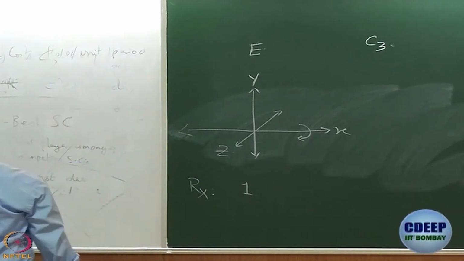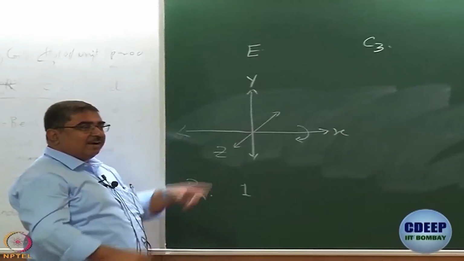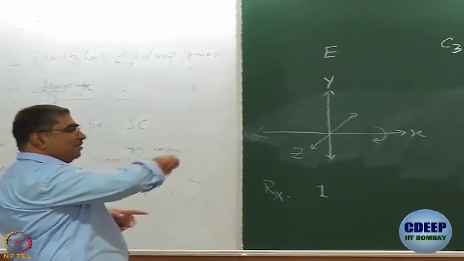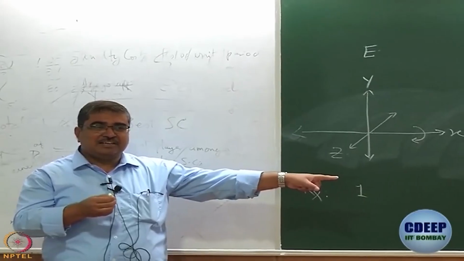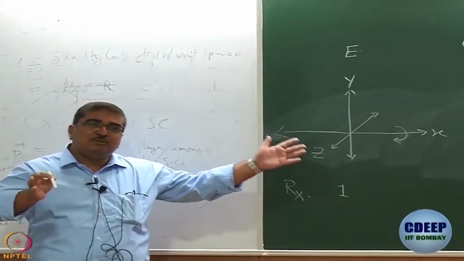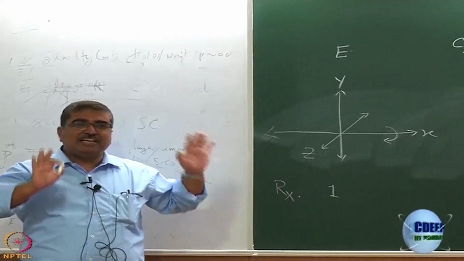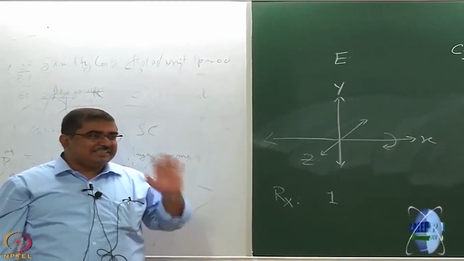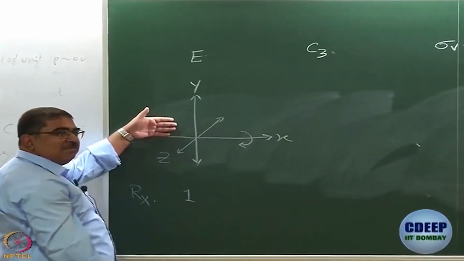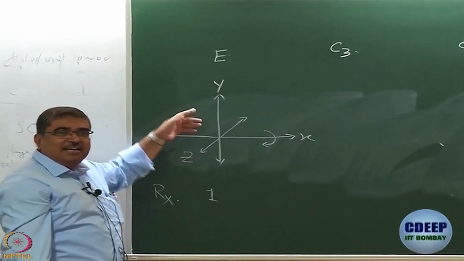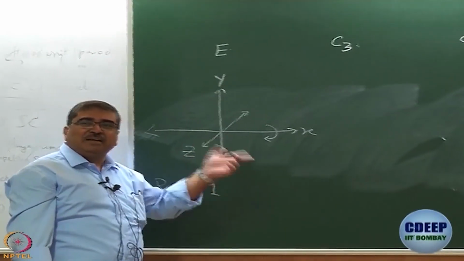What is the next symmetry operation? The next symmetry operation is C2z. Now, we have to be careful. Let us do sigma v and sigma v dash first, that is easier. Let us apply sigma v. If you apply sigma v, which is along the plane of the board, does Rx remain Rx or does it become minus Rx?